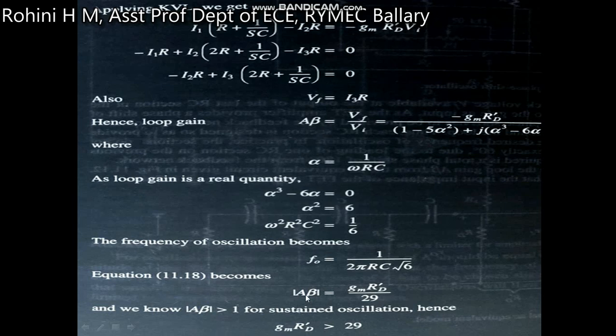If you are interested in taking the magnitude of this loop gain A beta, it is given as GM RD dash divided by the magnitude, which is equal to 29.